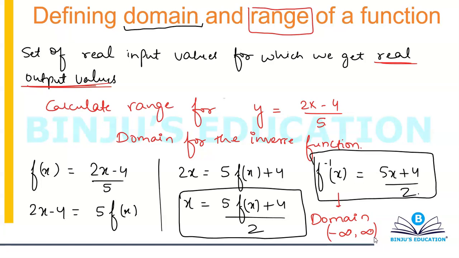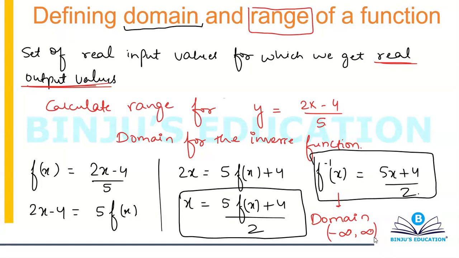Whenever you have a linear function, this is the easiest way to calculate the range. Calculate its inverse, then calculate the domain for the inverse, and that would be the range for the original function. You can make a note of it. Calculating the inverse of a linear function is very easy.